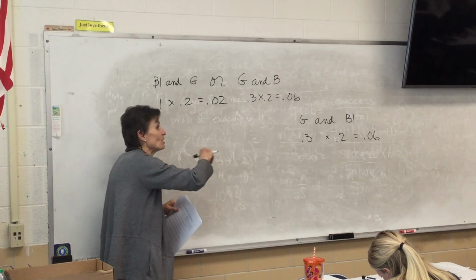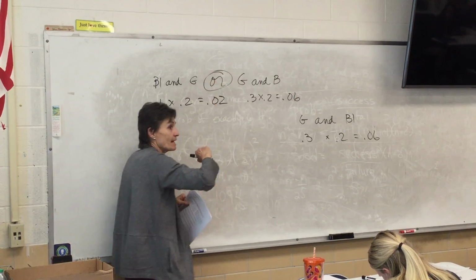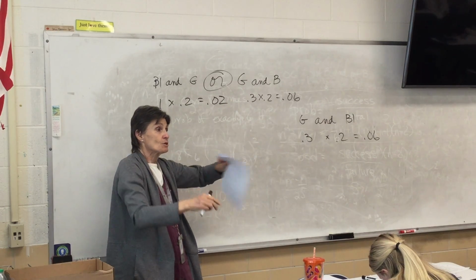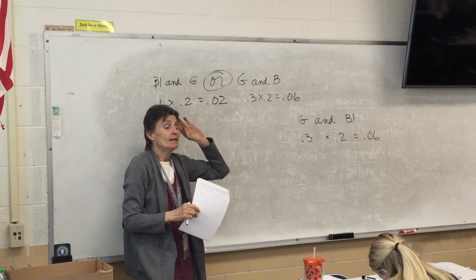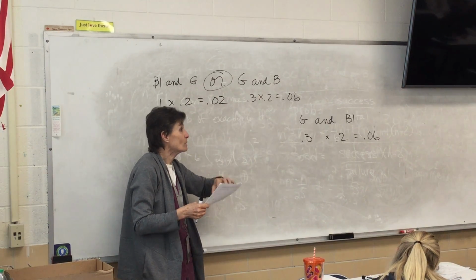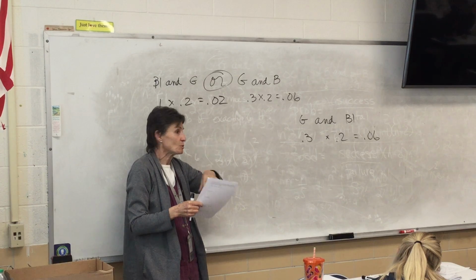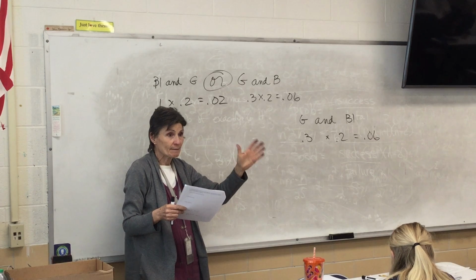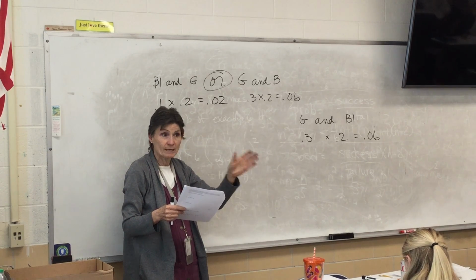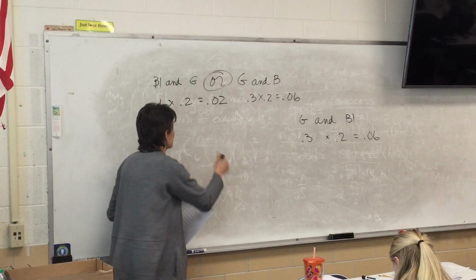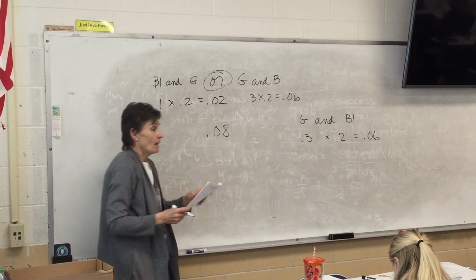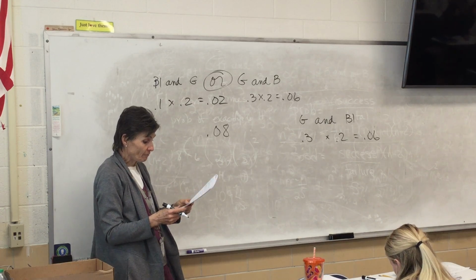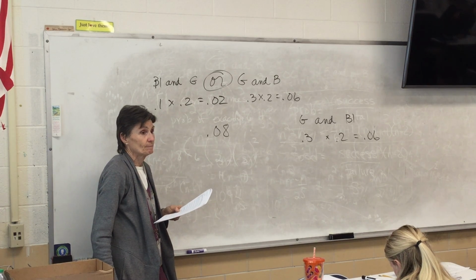And then we're gonna add those together because it's a this or this situation. Like Jeff said, the other one said this first, then this. This one doesn't say that. This just says I want to have one of each, right? So I gotta get blue and green, or I gotta get green and blue, either one. So my answer is 0.08. I need everybody to eyeball question E and question F and make sure you see the difference.